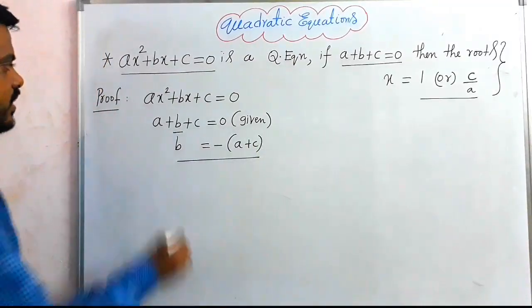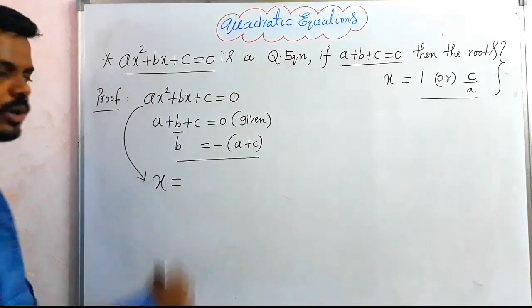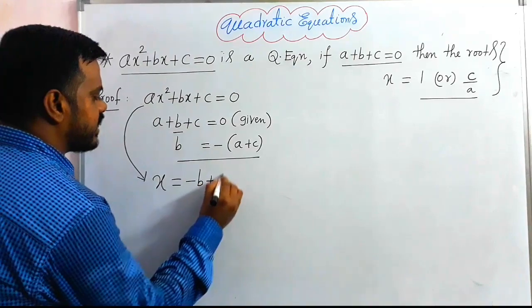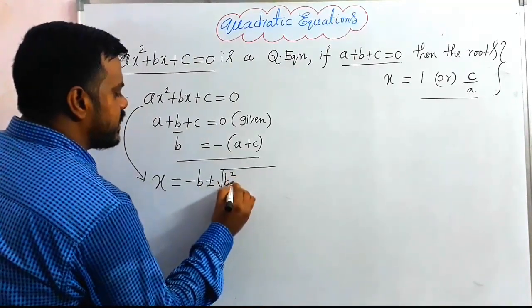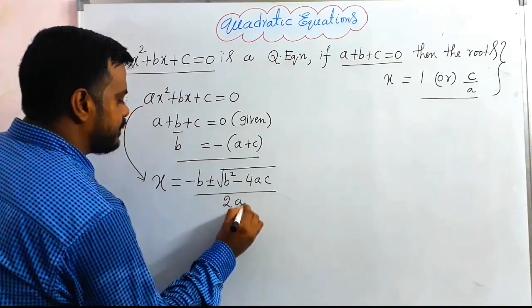You know everybody, for this quadratic equation the roots x is equal to, we have the formula minus b plus or minus root over b square minus 4ac by 2a.